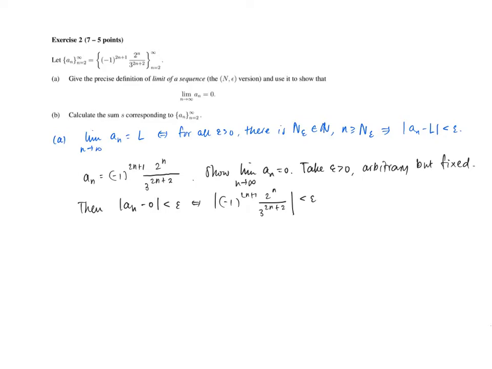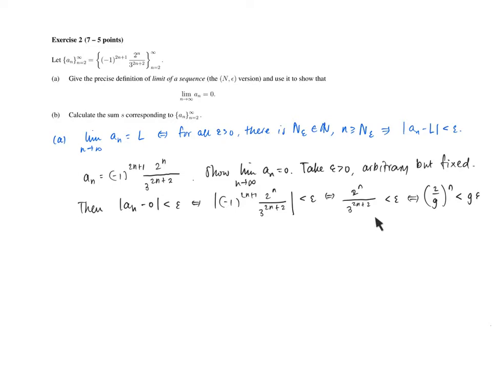Minus 0 cancels out, should be smaller than epsilon, which is equivalent with the statement that, recall that minus 1 to the power 2n plus 1 is minus 1 always, and the absolute value will remove it. Now we see that we have some common terms here, 2 to the power n and 3 to the power 2n, which makes 2 over 9 to the power n. And divided by 9.